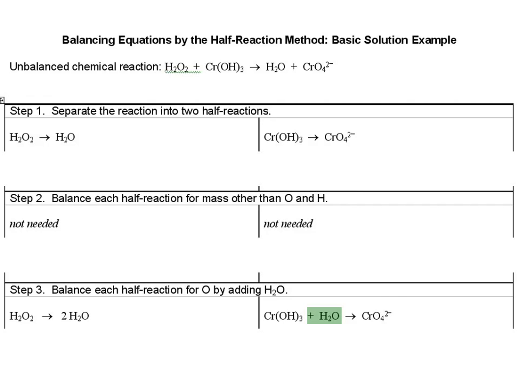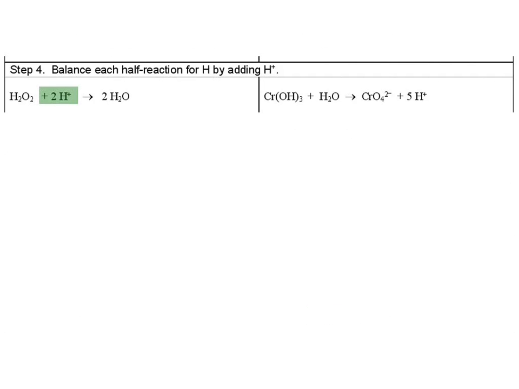So it looks like we've got 4 hydrogens versus 2 hydrogens. We need to add a couple hydrogens there. Looks like we've got 3 plus 2, 5 hydrogens here. Wow, looks like we need to add 5 hydrogens over there. 2 hydrogens there and 5 hydrogens there.